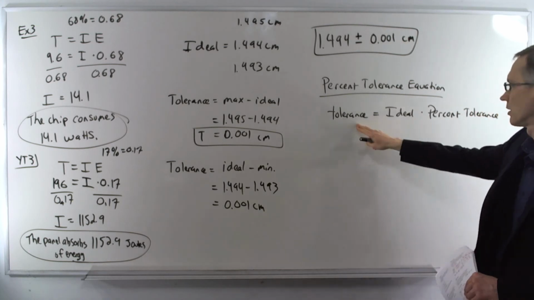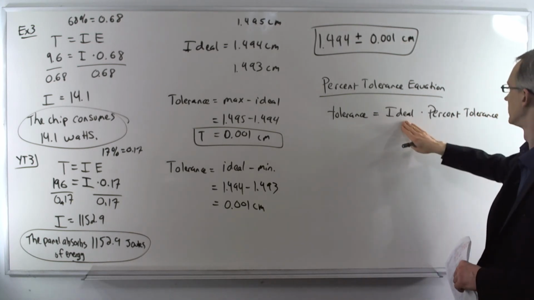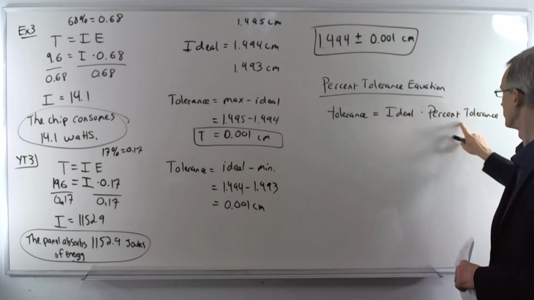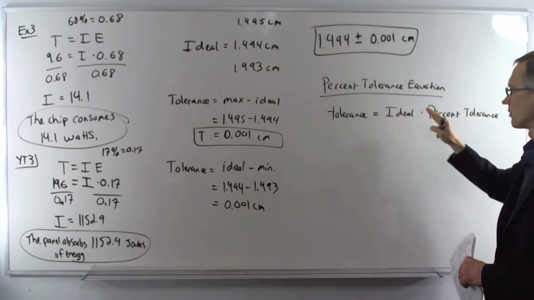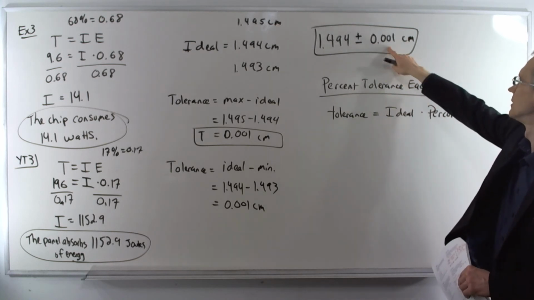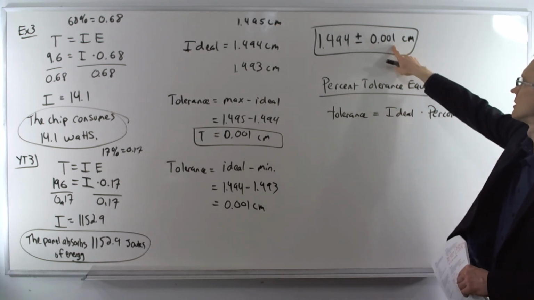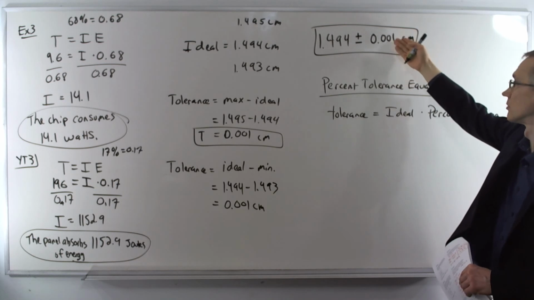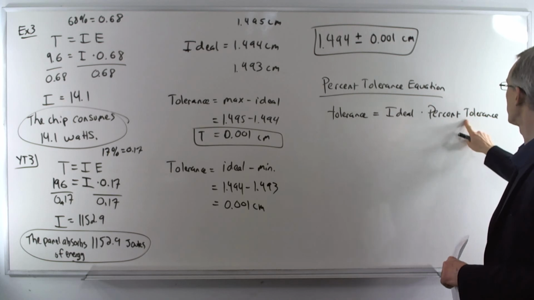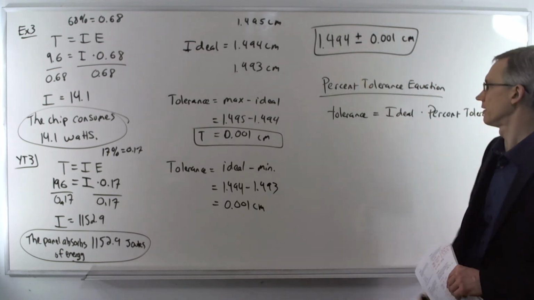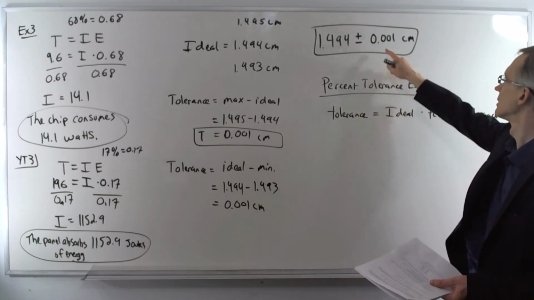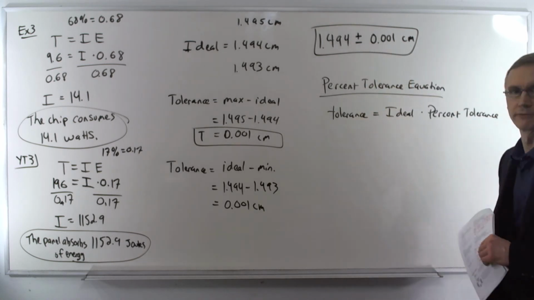So you can take the tolerance equals the ideal times the tolerance expressed as a percentage. Right? So they're both tolerances. One's expressed just as a measurement, in centimeters, or whatever we're measuring in. And this one is expressed as a percentage of the ideal value. So we can convert between the tolerance as a measurement and tolerance as a percent.